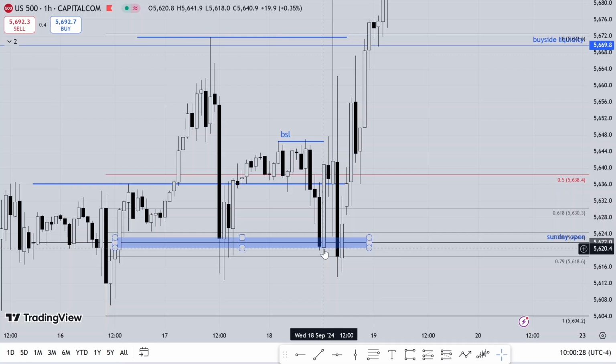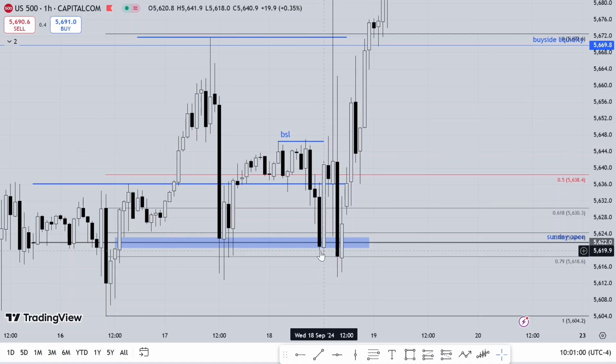The market always tries to seek as much liquidity as possible so as to facilitate an efficient market delivery. If there's not enough liquidity to take the market to the intended direction, the market will go into a range bound price action to generate sentiment, which it did here, so as to generate sentiment on both sides of the market, on the buy side and also on the sell side.